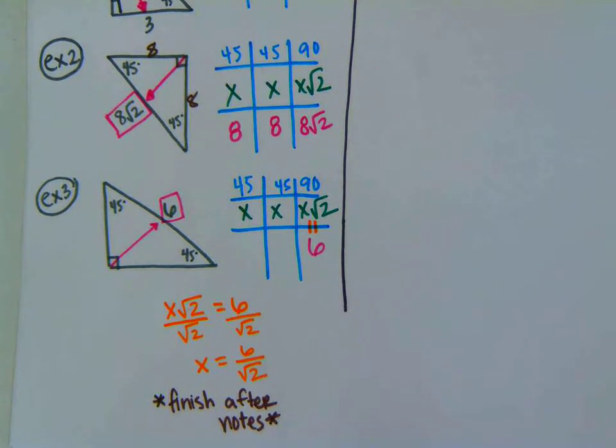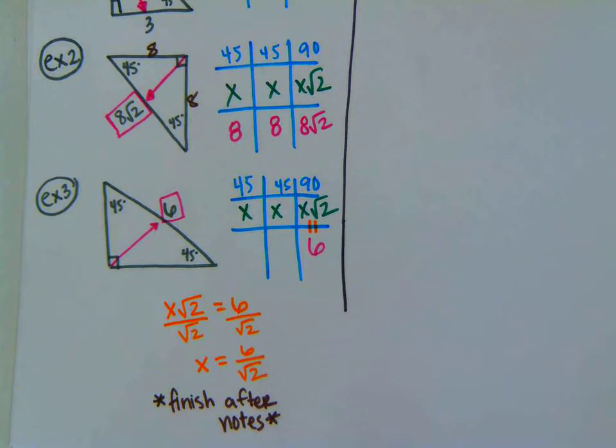After you're done with your notes tonight, I want you to go back and finish this problem, okay? Right now, that's going to be our answer. Tonight, I want you to finish it, because it's actually a really ugly answer for math people. Square roots in the bottom, that's ugly. We don't like that. So you're going to have to finish that problem for homework, okay?